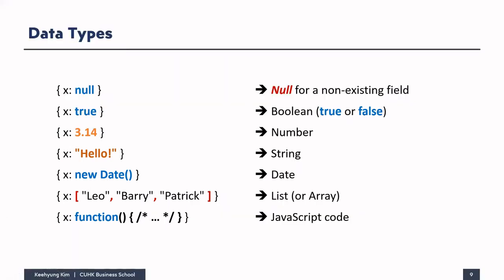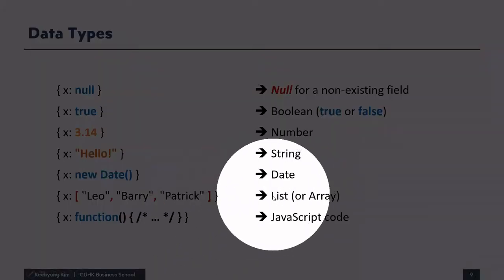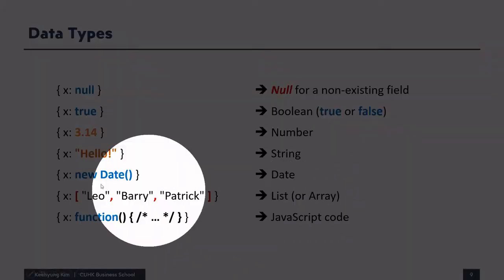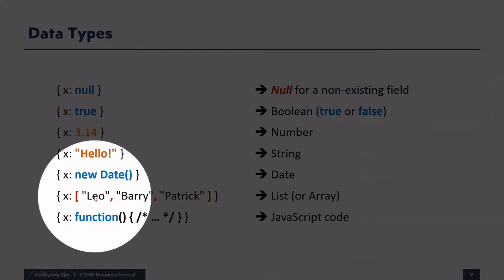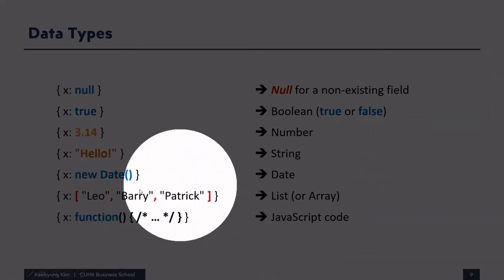And also, because MongoDB is a database for big data processing, it provides more different types of data types. If you are familiar with Python or other programming languages, then you probably know the list data type. That's also supported. So one field may have multiple values inside a list like this.